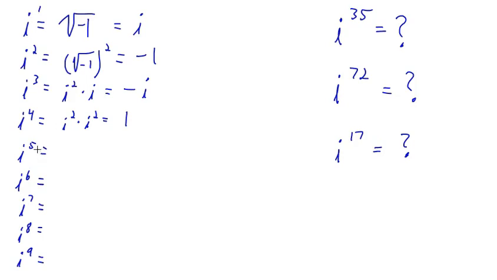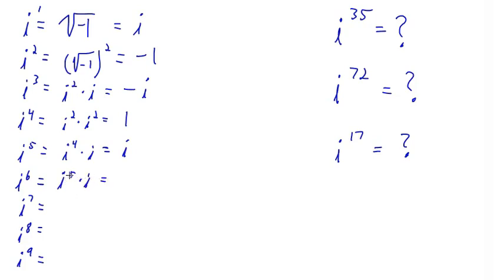Continuing on, i to the fifth power would be i to the fourth power times i. Well, i to the fourth power equals 1, so i to the fifth power equals 1 times i, which equals i. Notice that was up here also. i to the sixth power will be i to the fifth power times i.